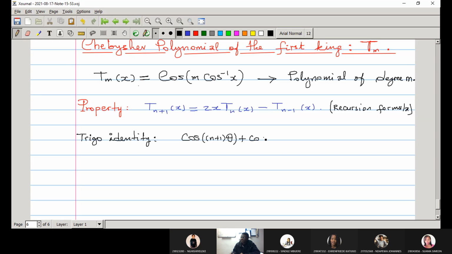Plus cosine (n minus 1) theta, whatsoever. So this is nothing else than 2 cosine theta cosine n theta.